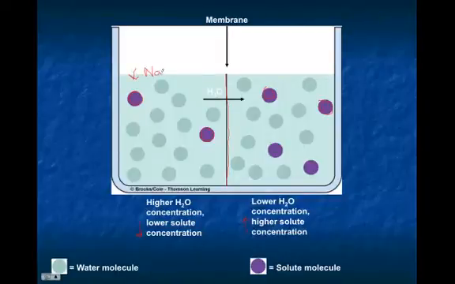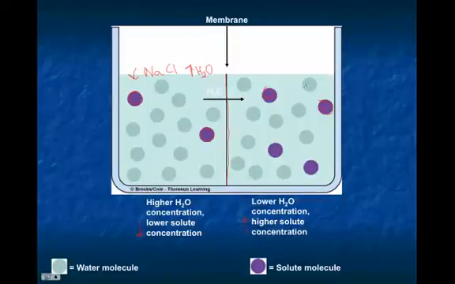We have a lower salt concentration, and so we have fewer salts floating around the solution here. And fewer salts floating around that solution leaves more room for more water molecules. So literally, we have more room for water because we have fewer salts taking up space in here.